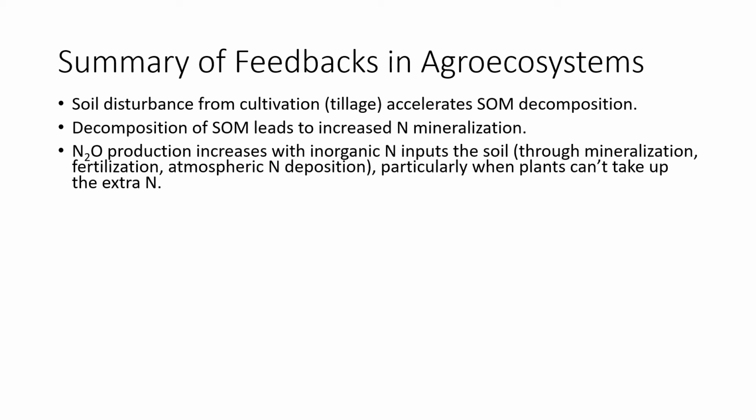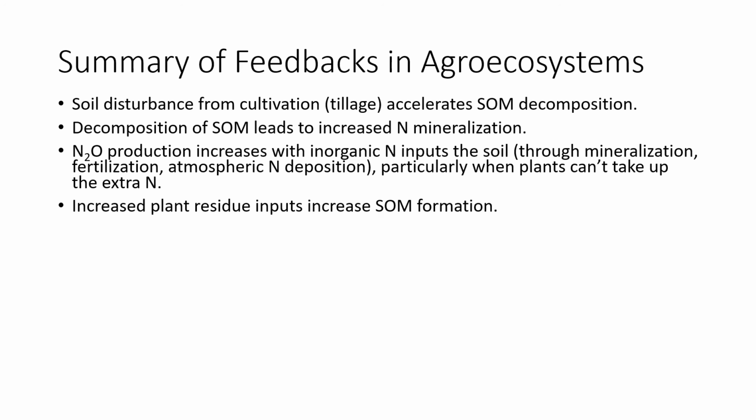Inorganic N can increase in the soil when mineralization increases, or from nitrogen fertilizer, or from atmospheric deposition. And the N2O increase is especially noticeable when the plants can't use up all the extra nitrogen that's put into the soil. If there's an excess of nitrogen that plants can't use, then there's likely to be N2O emissions.